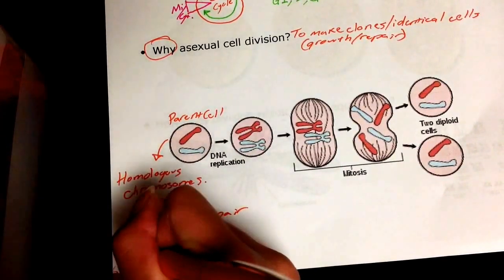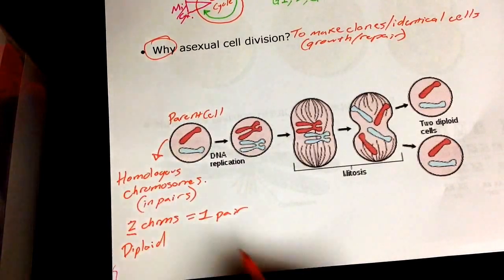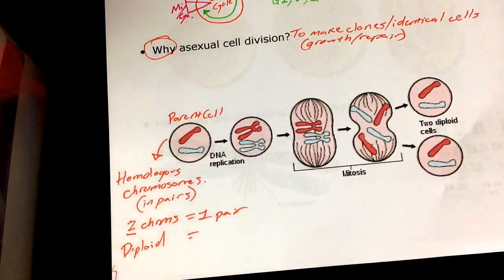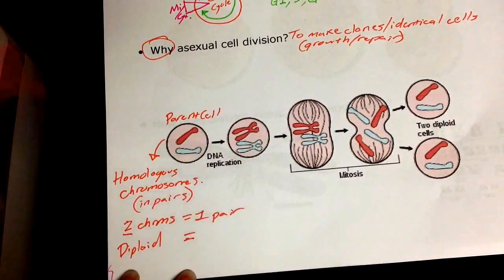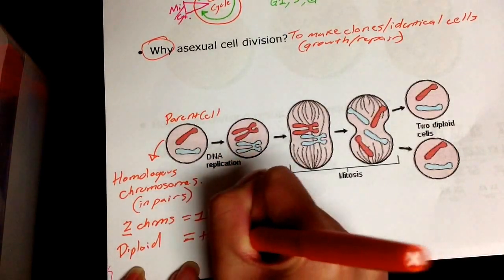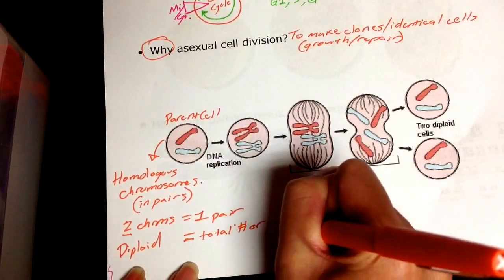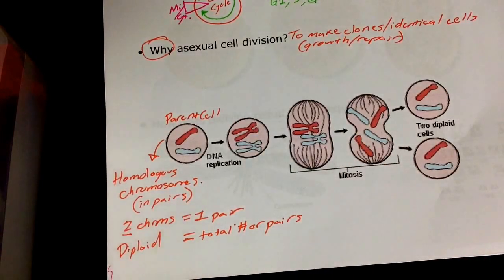And this number is referred to as the diploid number. Diploid you can think of as having the total number or pairs. Okay, that's what diploid means.